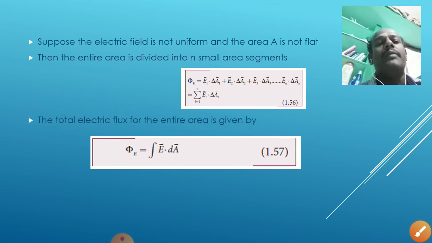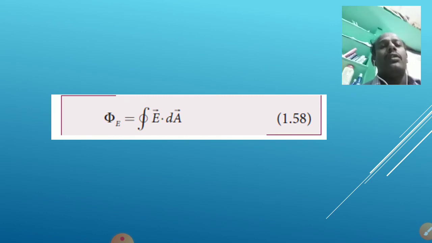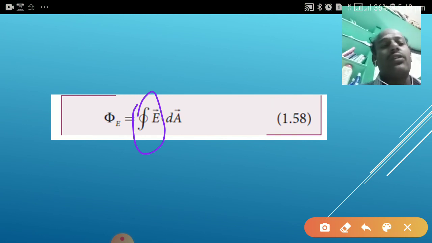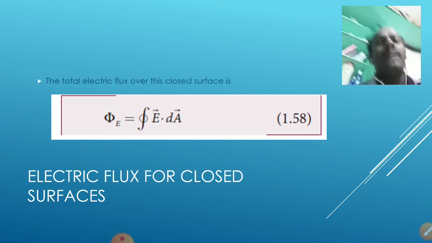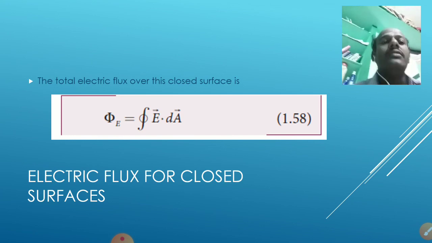The total flux will be the integration of E dot dA. Now this is a different equation. You can see the closed integral. A closed integral is a mathematical quantity used for closed surfaces. So the electric flux over this closed surface will be the closed integral of E dot dA.